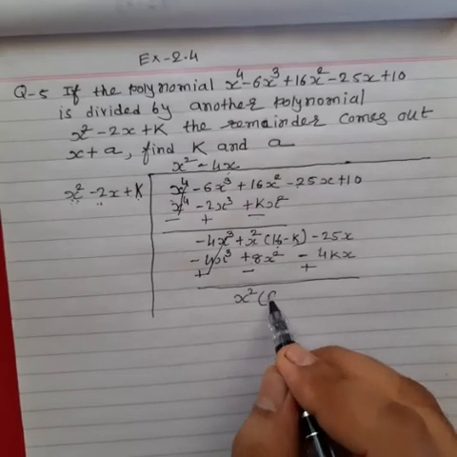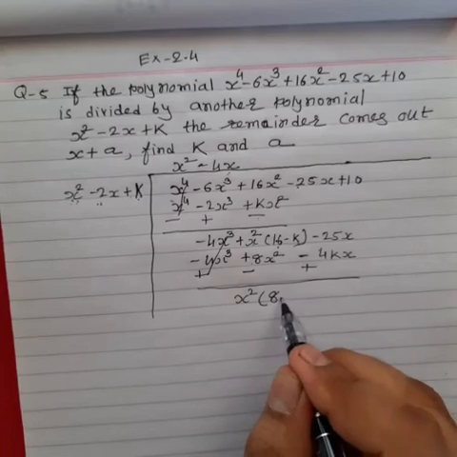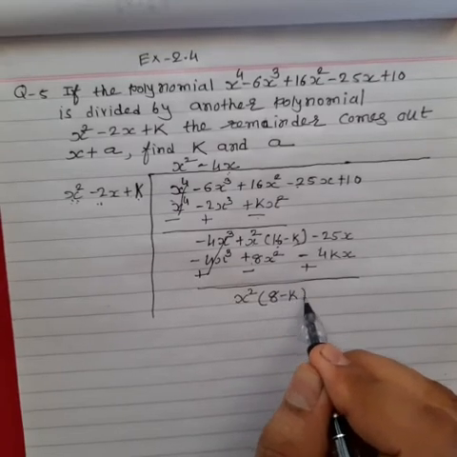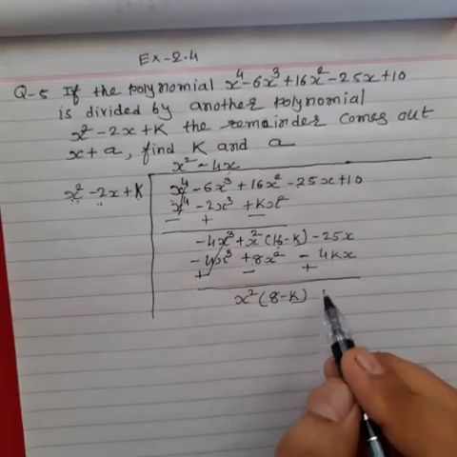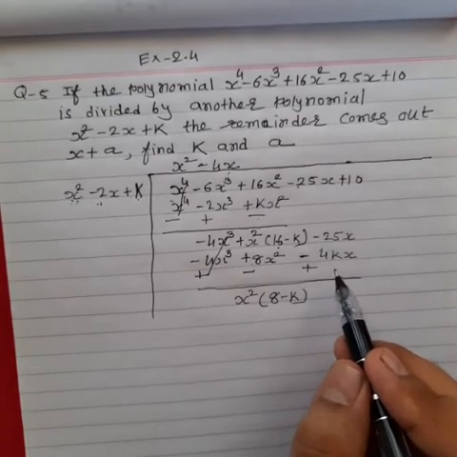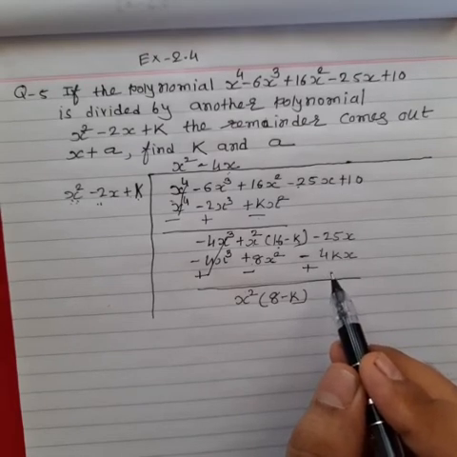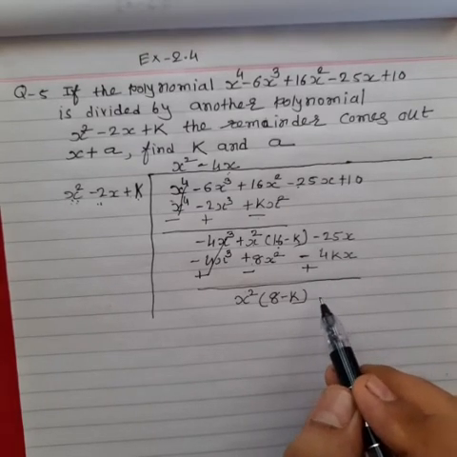So we write 8 minus k. And here minus 25x plus 4kx. I would like to write the positive value first.